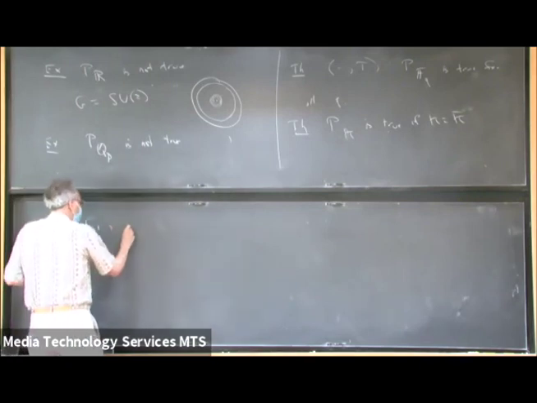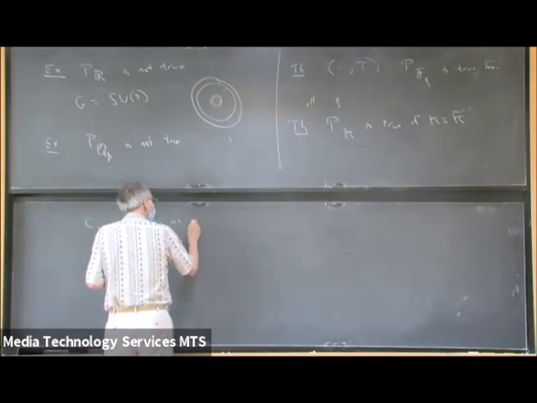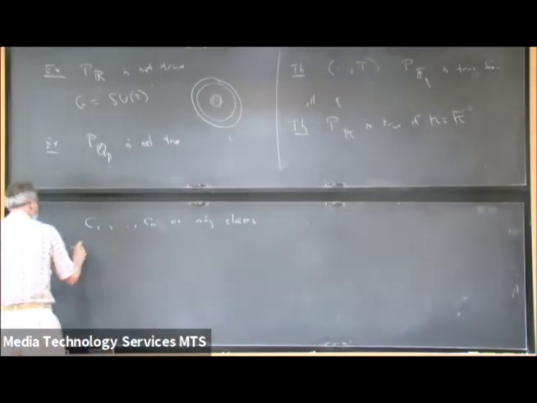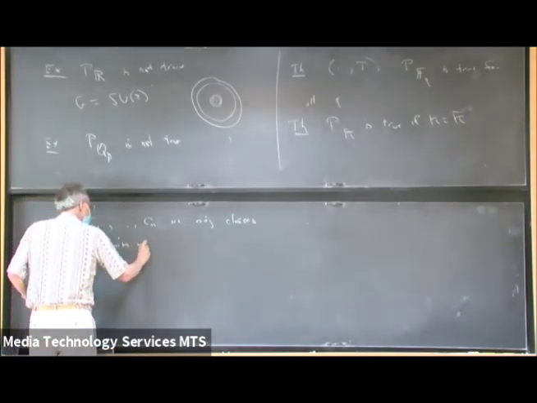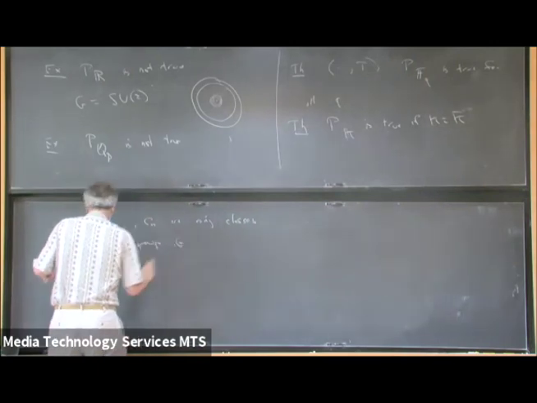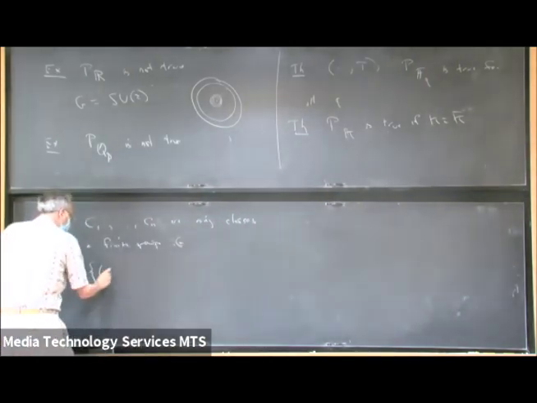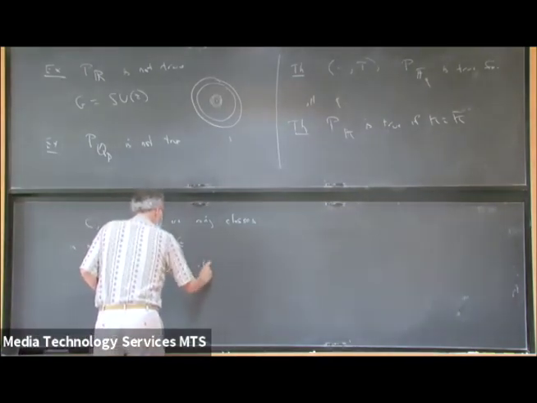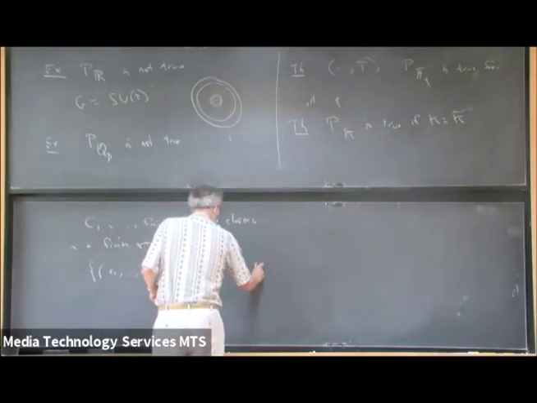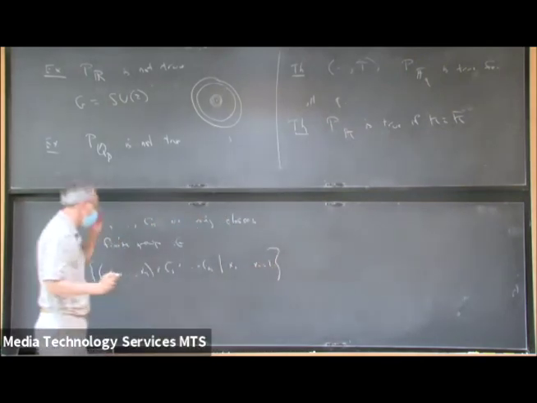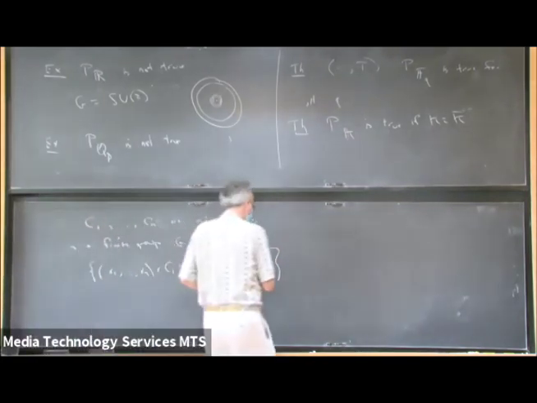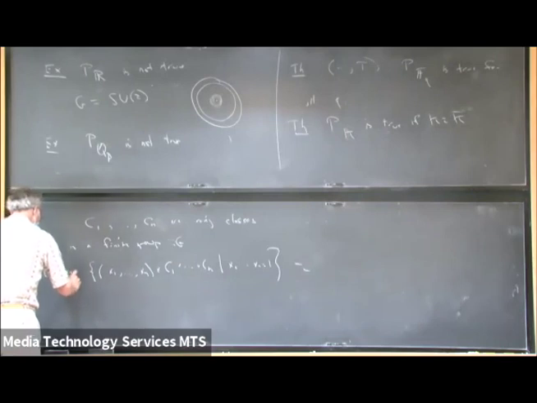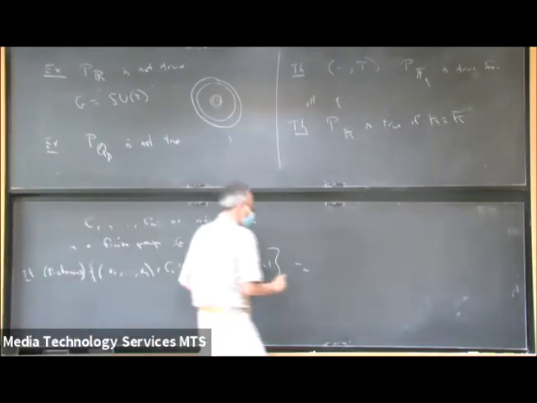So if C1 through Cn are conjugacy classes in a finite group G, then if you take the set of elements x1 through xn in C1 times Cn such that x1 times xn is equal to 1, the number of solutions is given by a formula. This is a theorem of Frobenius. It is given by the following formula.